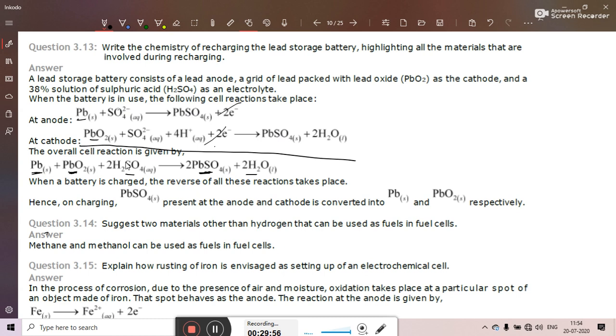So what will be the reaction on recharging? So just you have to reverse the overall reaction. So the reaction while recharging will be 2PbSO4 plus 2H2O gives Pb plus PbO2 plus 2H2SO4. So this is the reaction taking place while recharging the lead storage battery.